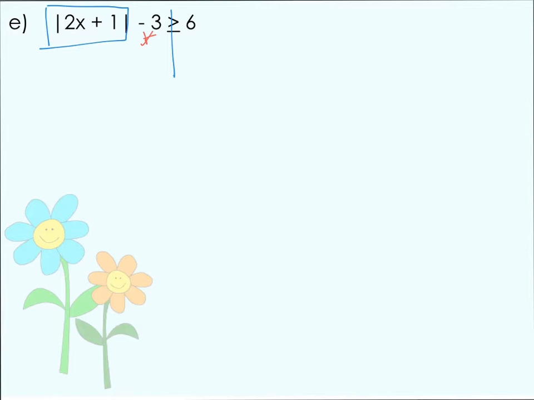We need to get rid of that first and move it to the other side before we can split into our two cases. So to undo a -3, we're going to add 3 to both sides. Cross out what we got rid of. So I have absolute value 2x plus 1. It's greater than or equal to 9.